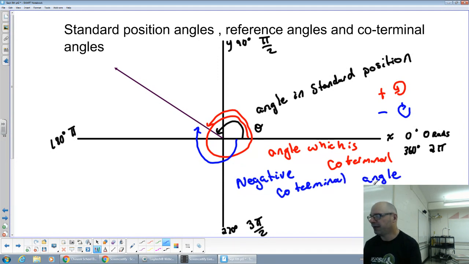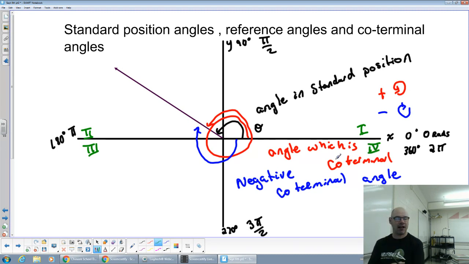Okay, so then we can also look at one more thing. I'm running out of colors. In any quadrant that you have, if you remember, the quadrants go 1, 2, 3, and 4. If we want a reference angle, in any quadrant it is always measured from the x-axis.